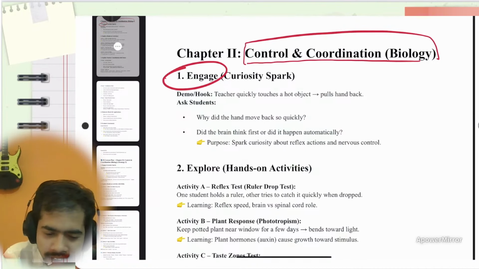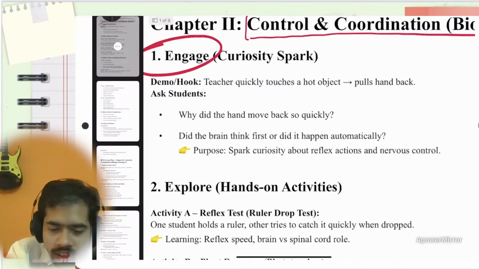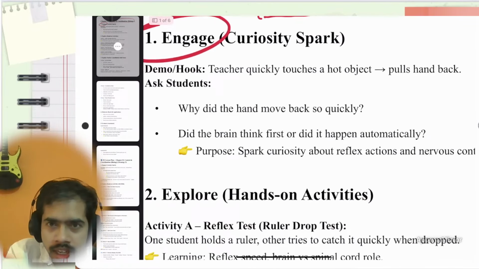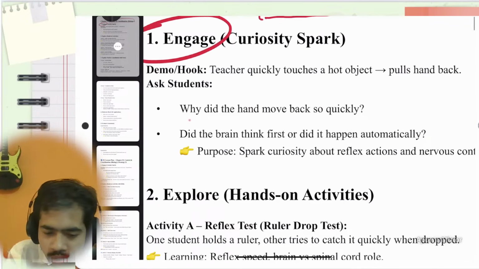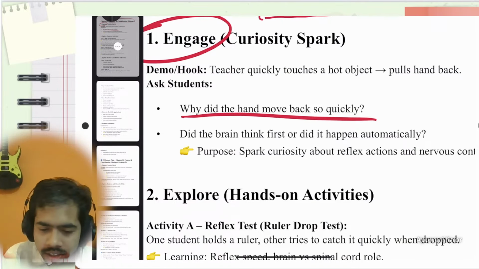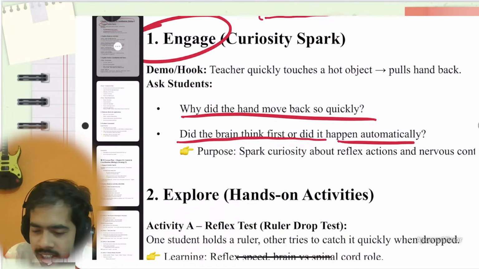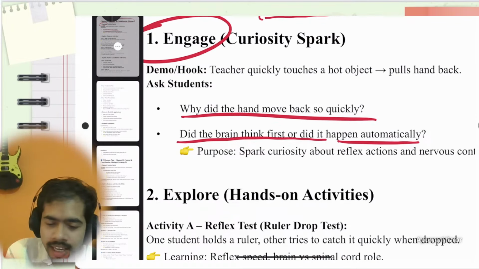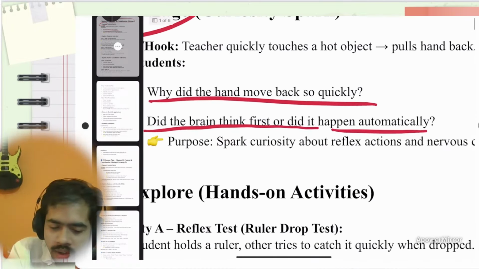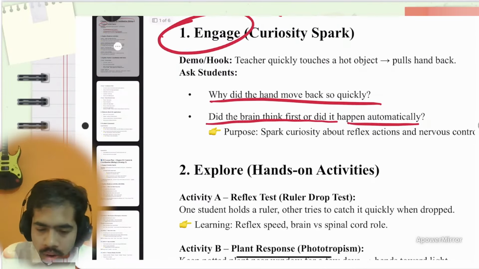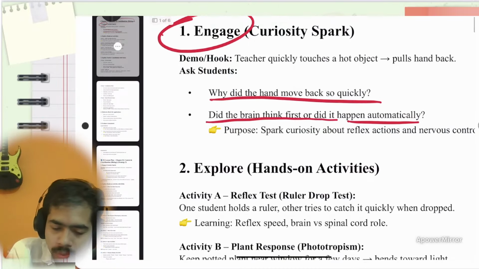Then the teacher may ask the students, why did the hand move back so quickly? Did the brain think first, or did it happen automatically? Then the teacher may say, link or let them explore.